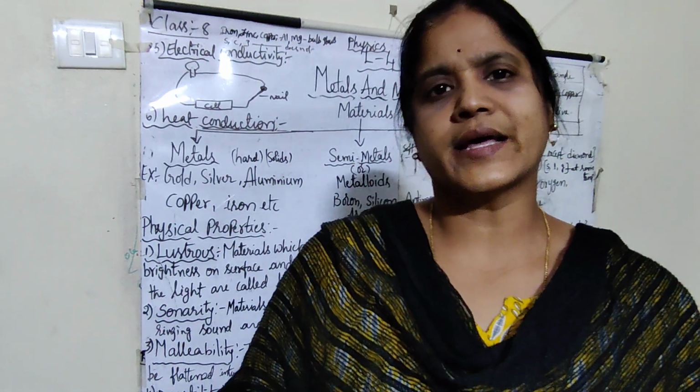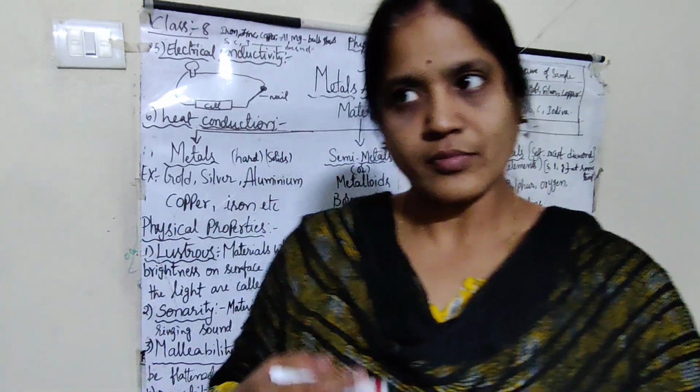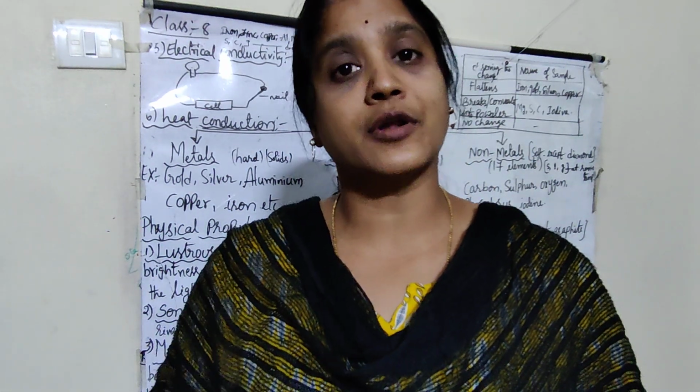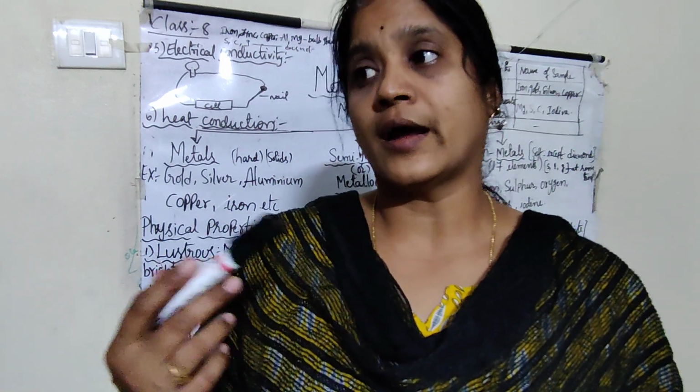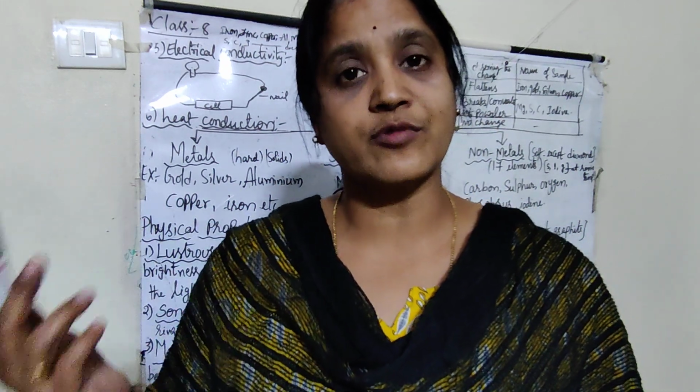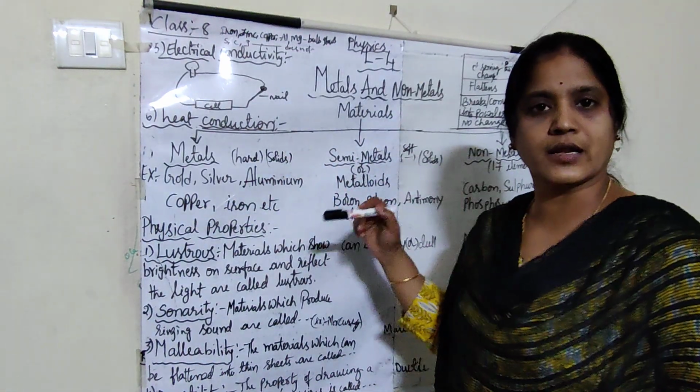Metals exist in the solid form, and non-metals may exist in 3 forms: solid form, liquid form, and gaseous form. Sulfur and carbon are used in many ways. Some are used in the preparation of ointment, iodine is used in the preparation of tincture, sulfur is used in the preparation of gunpowder, and magnesium and sulfur are used in fireworks. So like this we can use non-metals in our daily life.